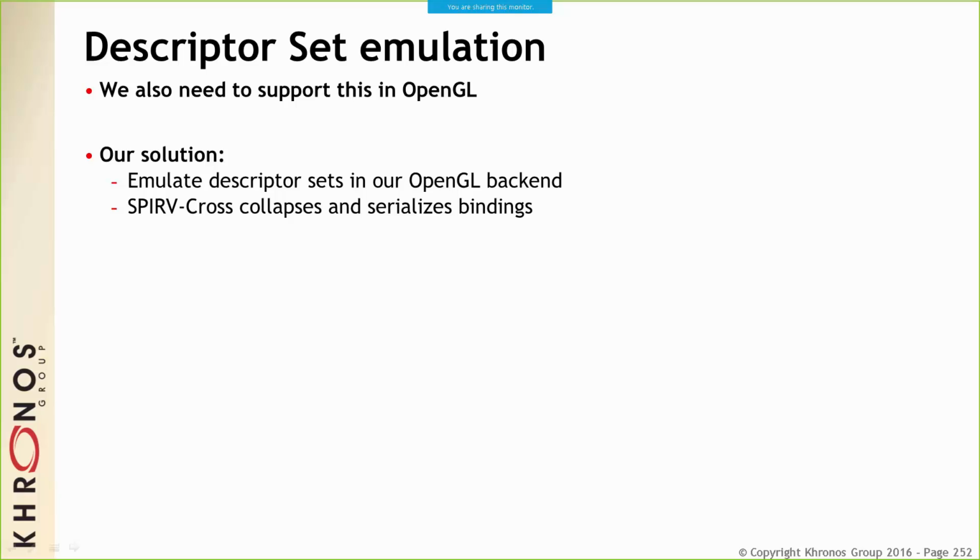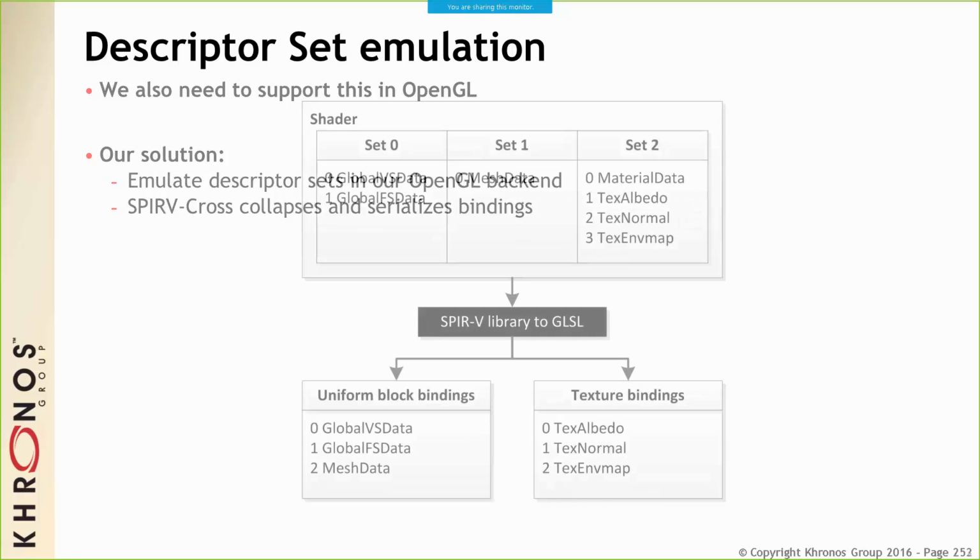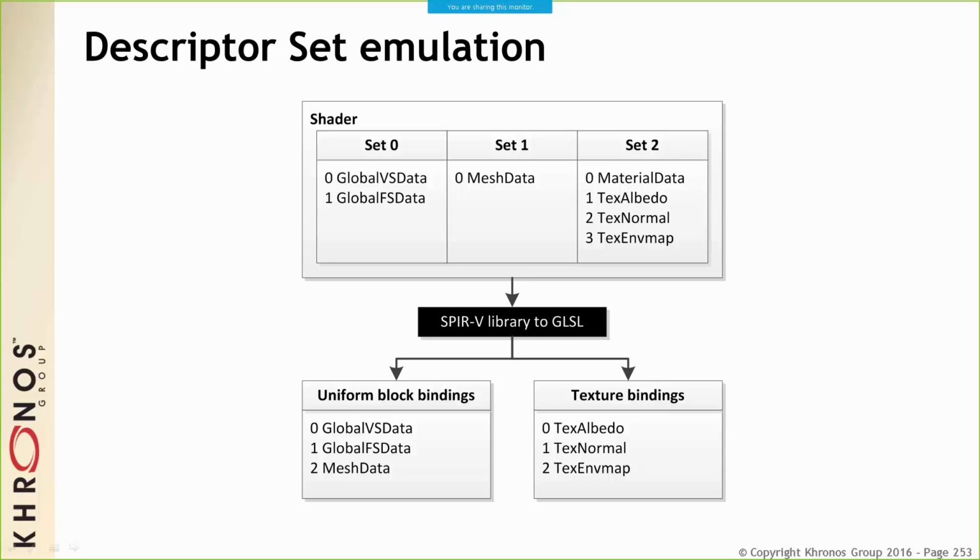We can sort of allocate per type into a new thing where we have uniform buffer binding from 0 to 2 here, and texture bindings from 0, 1, 2. And that mapping is trivial, because it turns out you can just set 2, get some offset, plus binding gives you the real binding. Very simple, straightforward approach, worked out quite nicely.